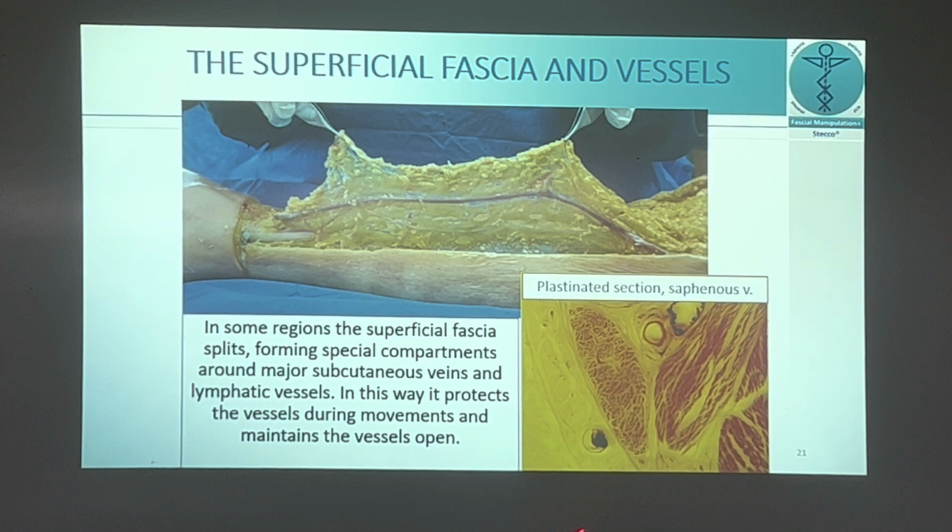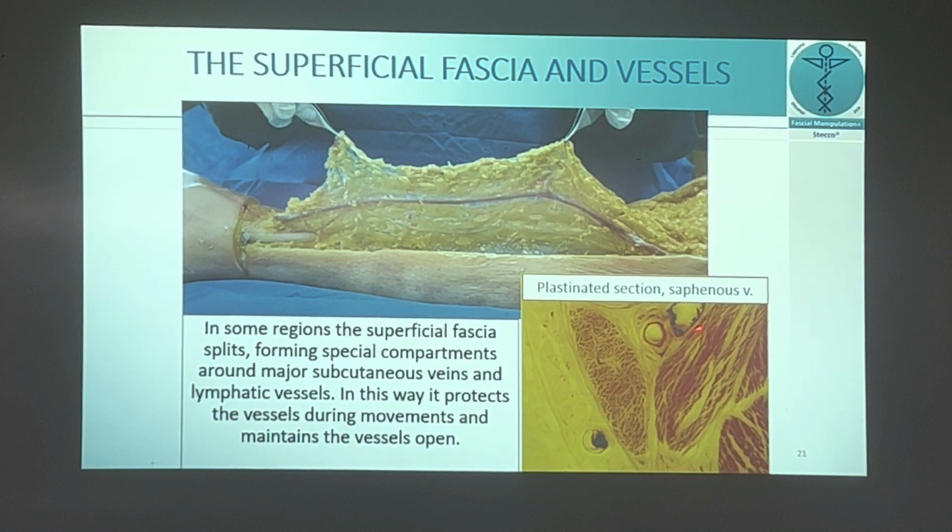Does the superficial fascia have a muscle pump possibility to be squeezed? How can this poor vein bring the blood back? It's surely not squeezed like the femoral vein. It doesn't perceive the pulse of the artery right here. It has the valve, it's true, but how does the blood go back?